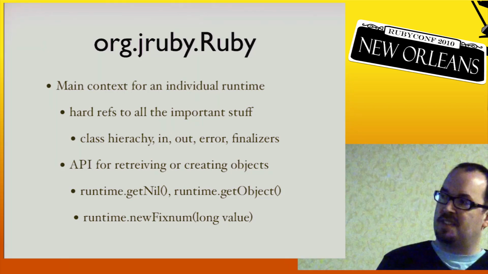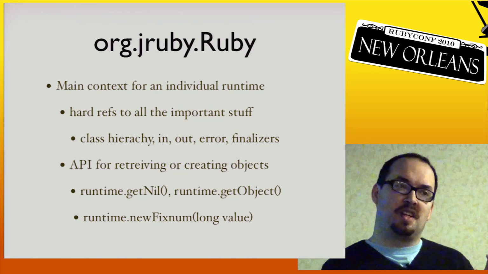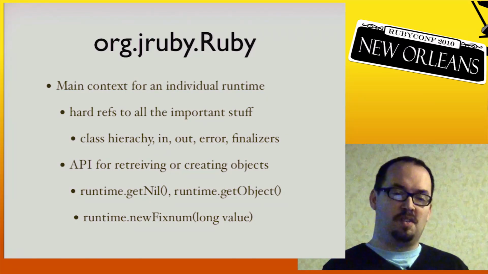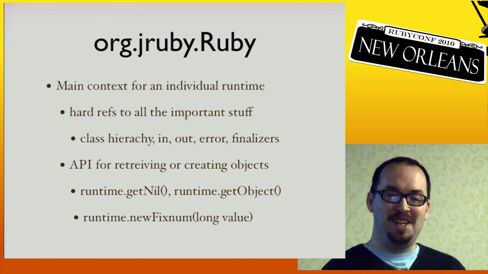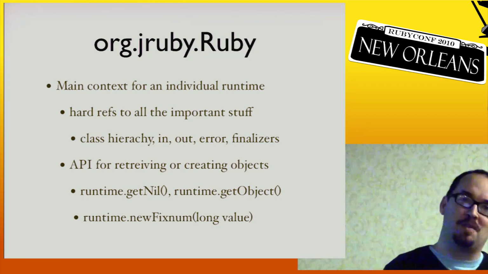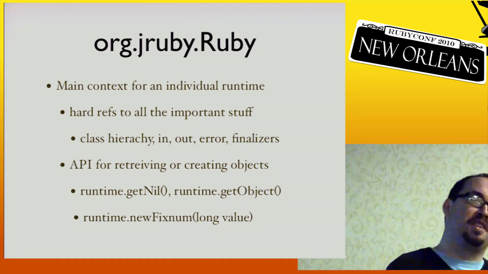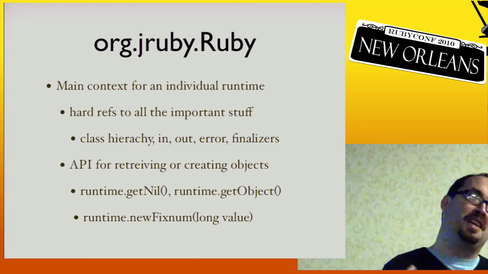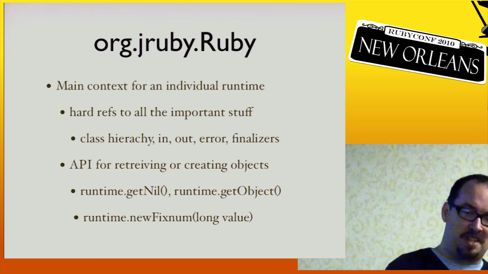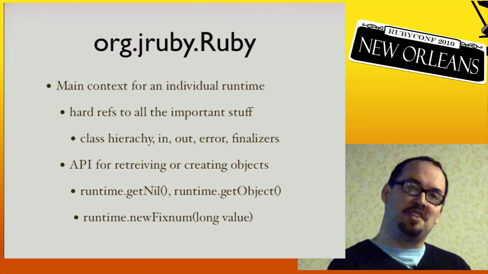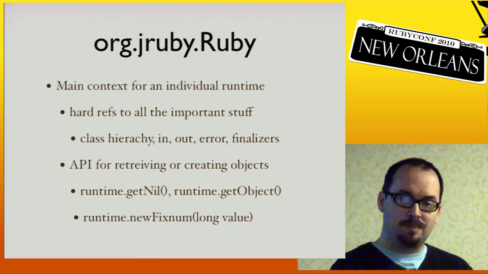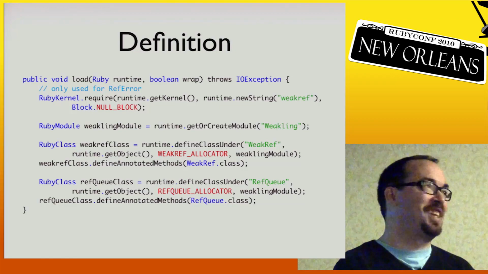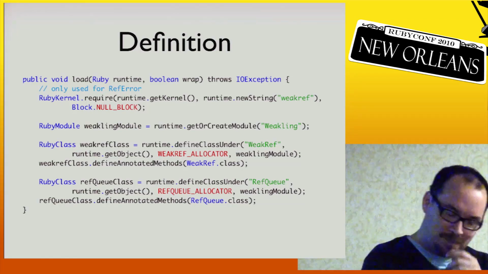But the reason as someone who hacks on JRuby you're going to see this class a lot is because we have a billion methods on it for retrieving and creating objects. So if you want to get a reference to nil, just call runtime get nil. If you want to create a new fixnum, call new fixnum, and if it's been cached, it'll return a cached copy. But there's lots of useful methods on Ruby, the class versus the language.